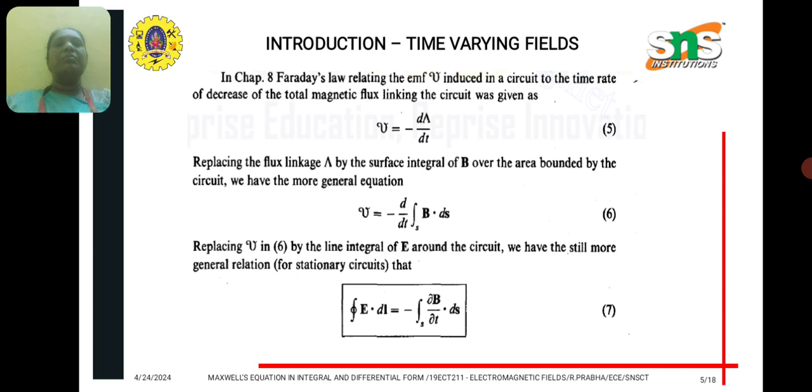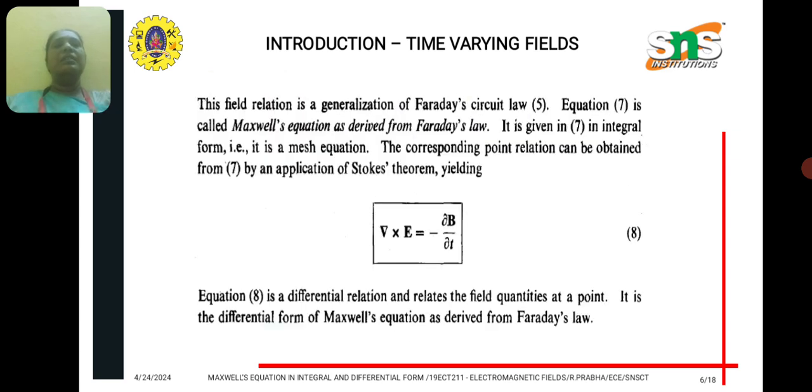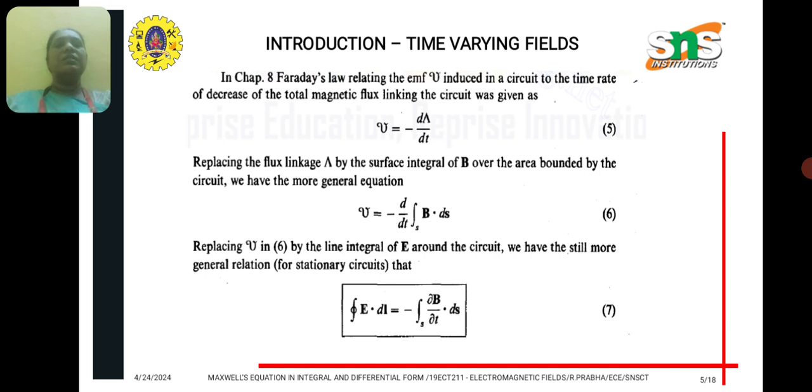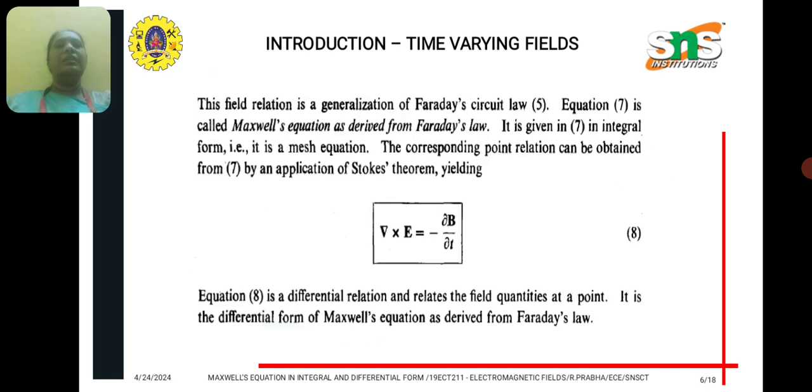The electromotive force can be written as the integral of E dot dl, so the integral of E dot dl is equal to minus the surface integral of dou B by dou t dot dS. This is Maxwell's second equation, derived from Faraday's law. By removing the integrals, we get del cross E is equal to minus dou B by dou t. This is Maxwell's equation in differential form derived from Faraday's law.